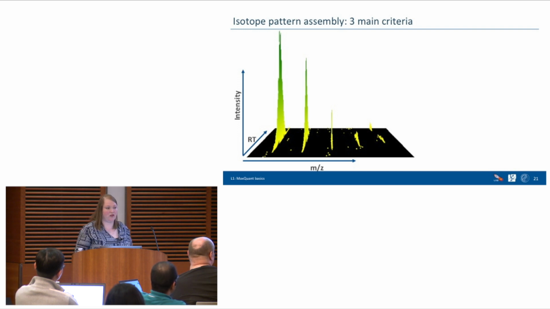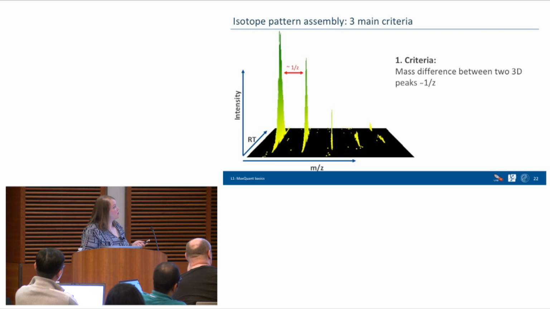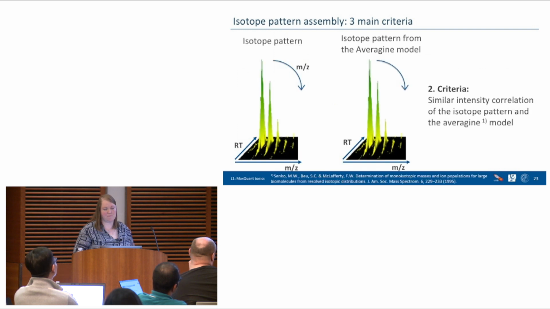The first criterion is that we look at the mass difference. If we assume charge 1, then the difference between the monoisotopic peak, which is the first one, and the second one should be about 1 Dalton apart. And if that is the case, we look at the second criterion.